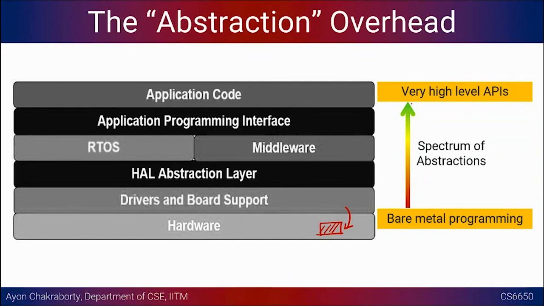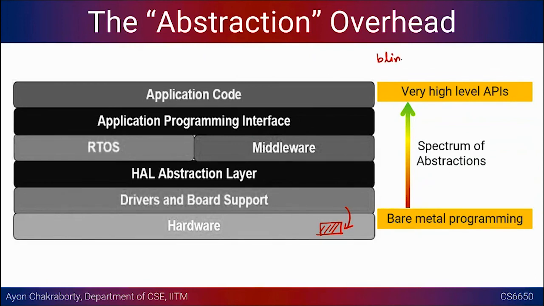And then we can go all the way up, right? Somebody can write more APIs using the existing APIs, right? For example, we have this digital write function, we have this delay function, and by combining them, somebody can write a function called blink LED, right?